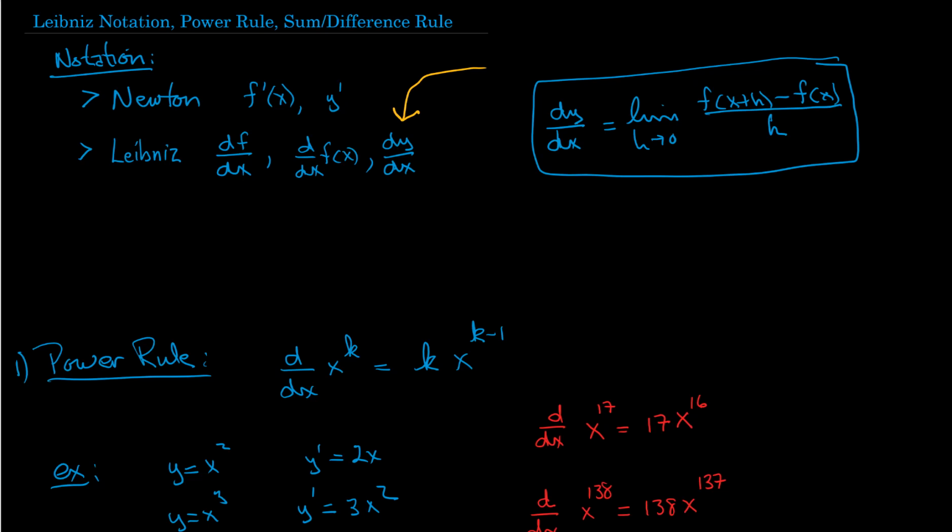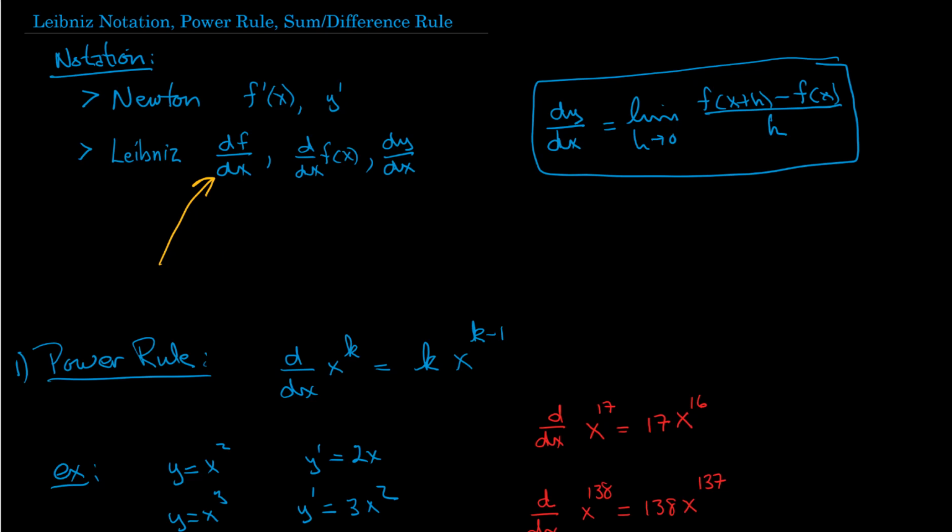So he used the notation dy dx, the difference in y divided by the change in the x values. You'll sometimes also see things like df dx. Remember, f is often the name of a function like f of x, and f of x is just another way of writing the y value.